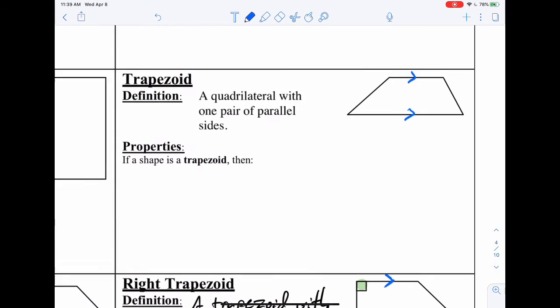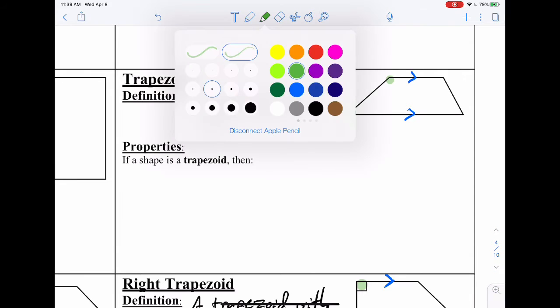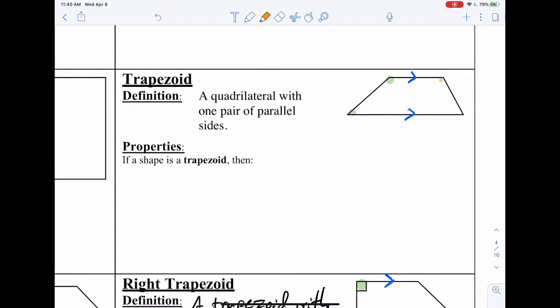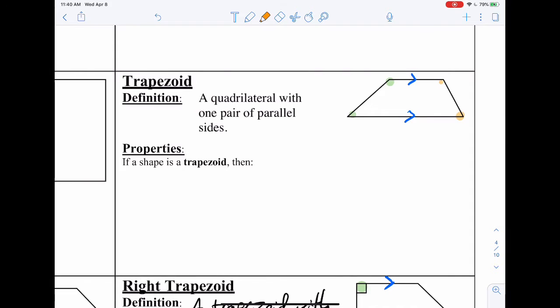So a trapezoid here, a quadrilateral with one pair of parallel sides, has a special property with its angles. If those sides are parallel, what can I say about that pair of angles? Also, that pair of angles. Think for a moment.